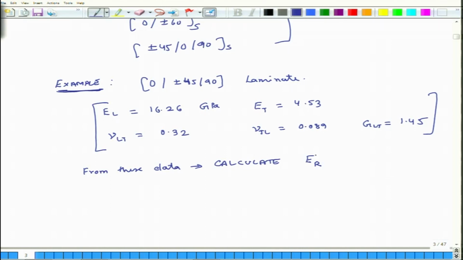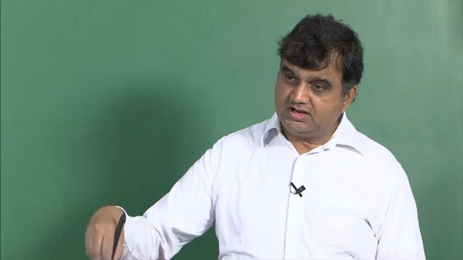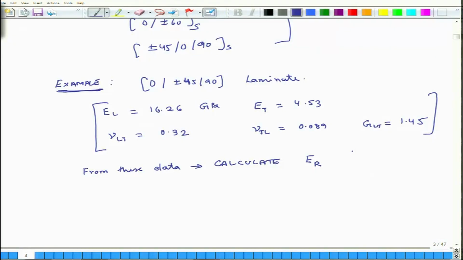Because they are randomly oriented, its material properties in all the directions are the same. So, we have to calculate ER, and then we have to calculate GR and Poisson's ratio mu r. This is what we are supposed to do.